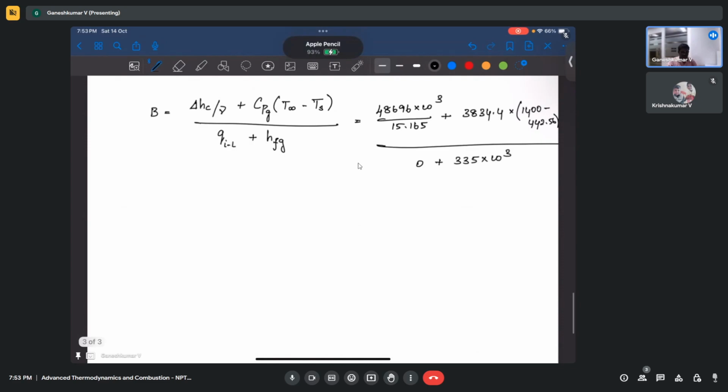Alright, let's see what B is coming out to be. 48696 into 10 power 3, divided by 15.165 plus 3834.4 times 1400 minus 442.56, divided by 335 into 10 power 3.